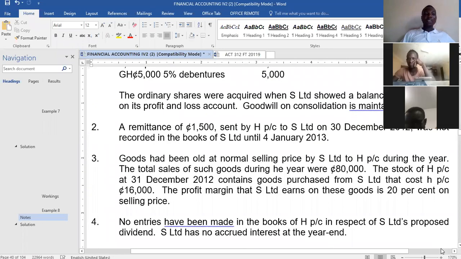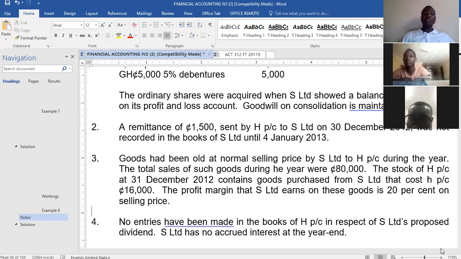Then they also say, note 2, a remittance of 1,500 sent by H to S on 30th December 2012 was not recorded in the books until 4th January 2013.